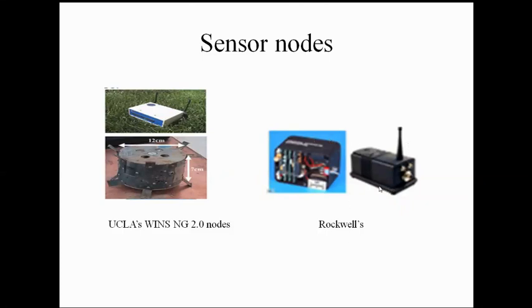This is an example of this type of node. These are fabricated by different manufacturers, so the execution of instructions per transmitted bit is different, and according to that, the power consumption also varies.